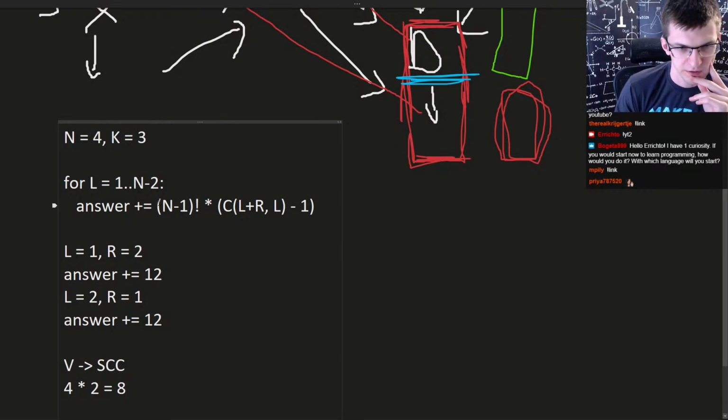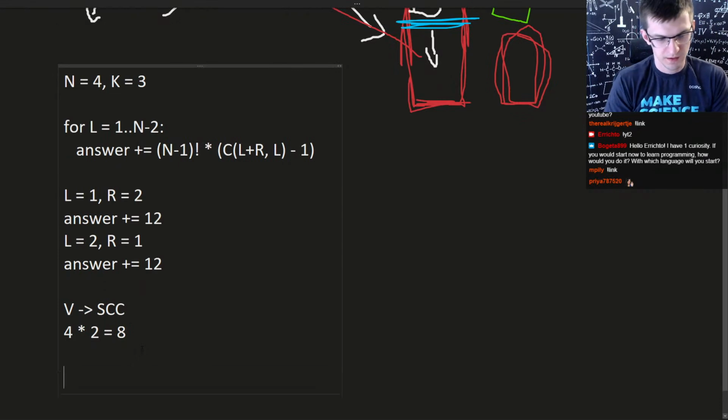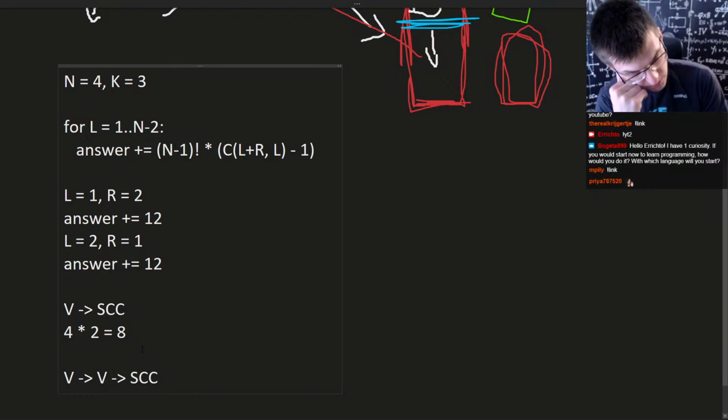L would be 1, so we would have here for n equal to 3, this is 2, multiplied by 2 minus 1, 1. So this is 2. Then this is 2 again. Okay, it works. Then there are cases where there are 2 vertices and then a strongly connected component. That's impossible.